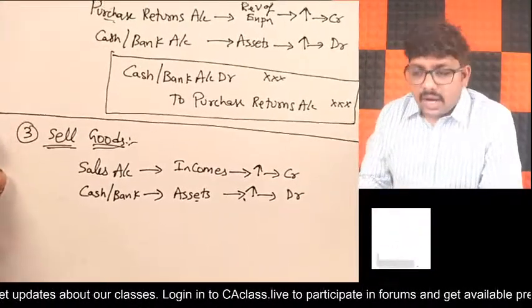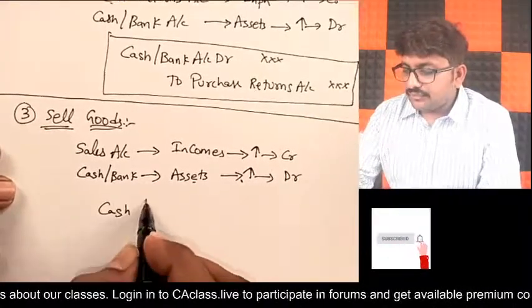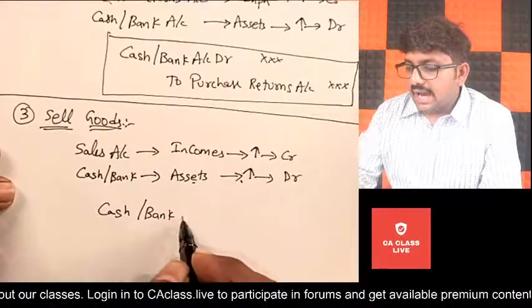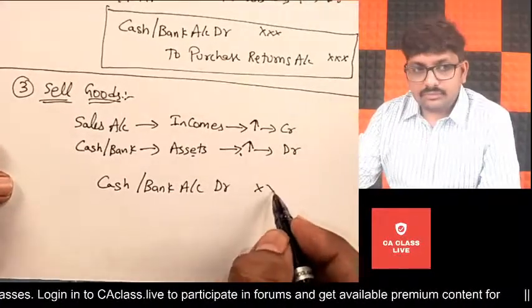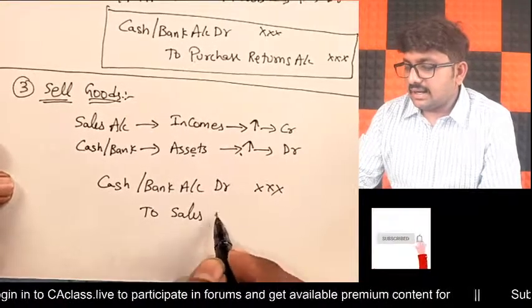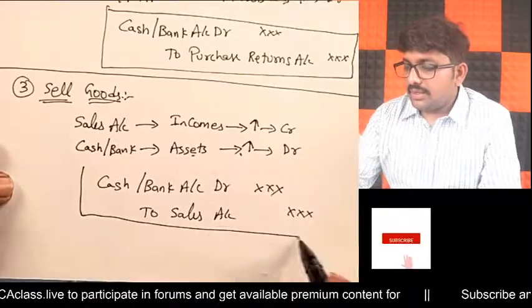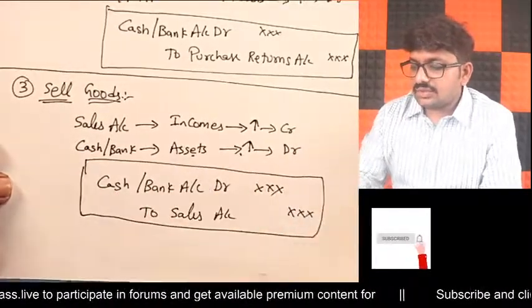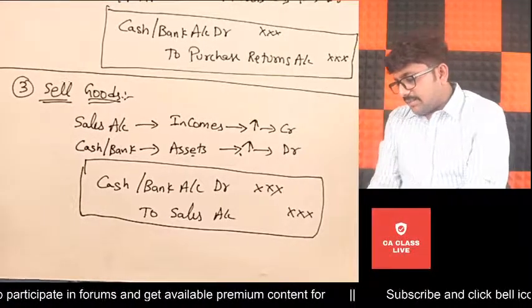So what is going to be the journal entry? Cash or bank account debit to sales account. That is going to be my journal entry whenever I sell my goods.